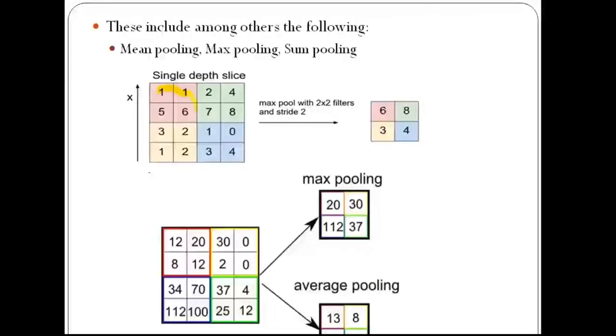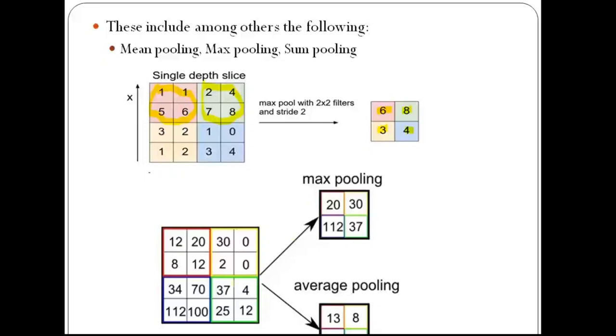We use pooling with a 2 by 2 window, and now we are using max pooling. From this 2 by 2 window, only a single value is extracted, which is the maximum value. In this, the maximum value is 8, so max pooling will extract only 8. In the same manner, 3 and 4 are extracted. So from 4 by 4, the size of the image has been reduced to 2 by 2.